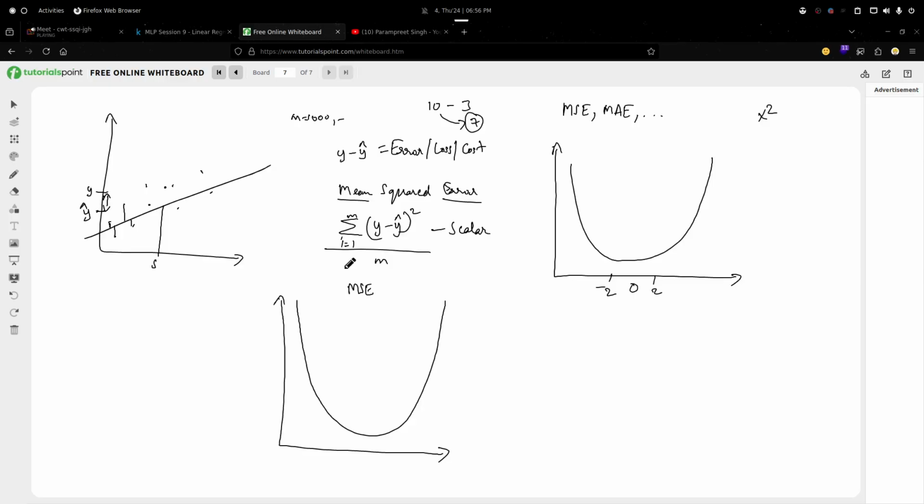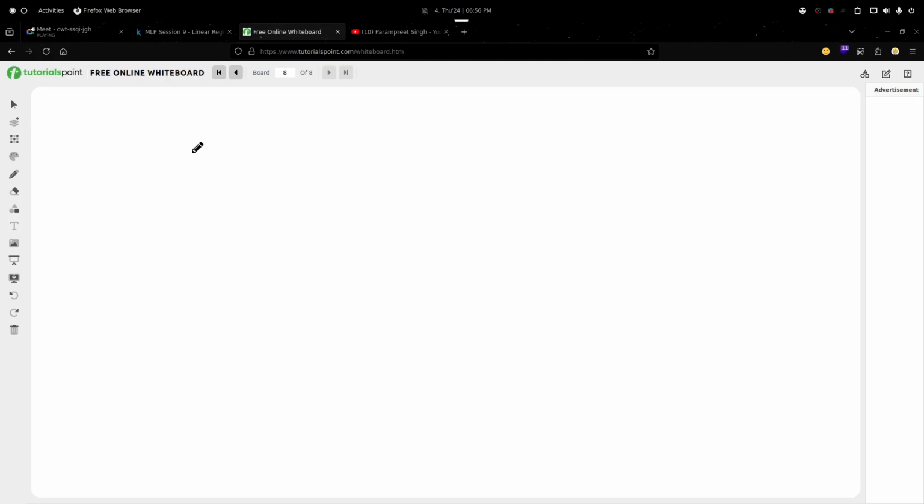Now you might be wondering, why do we square the error? Why don't we just take the direct value? So let's say we have some data like this, and there are four values: y1 which is 10, y2 20, y3 let's say 30, and y4 which is 20. And now let's say we also plotted the line, and the values we get from the line are something like this.